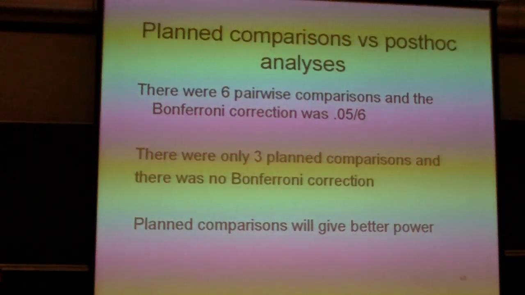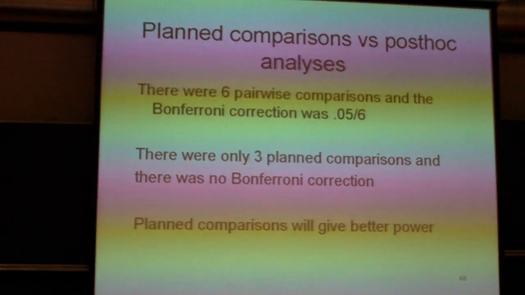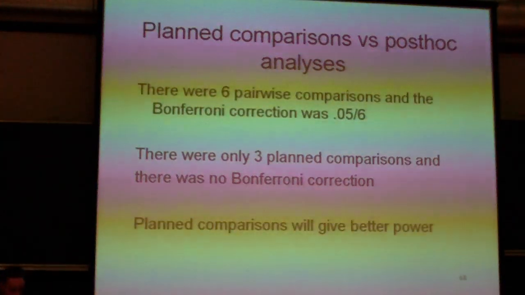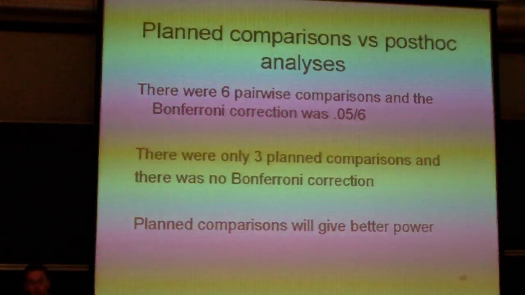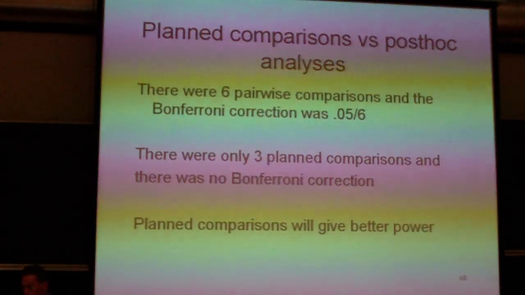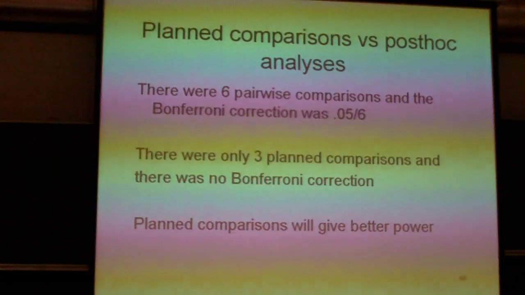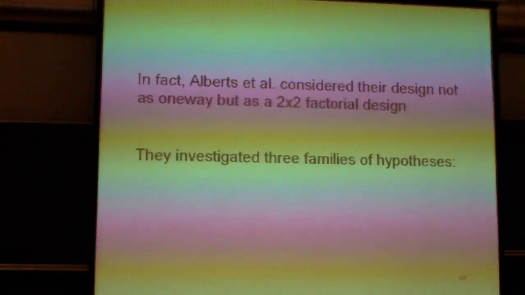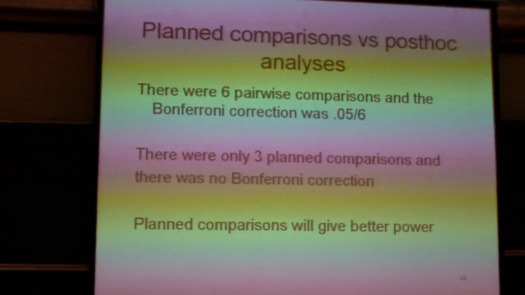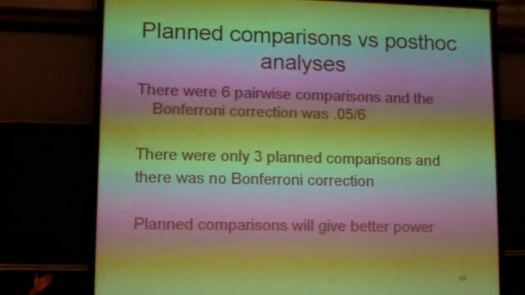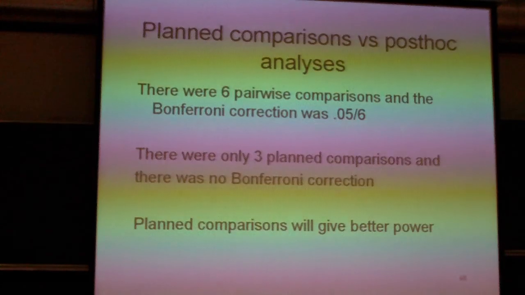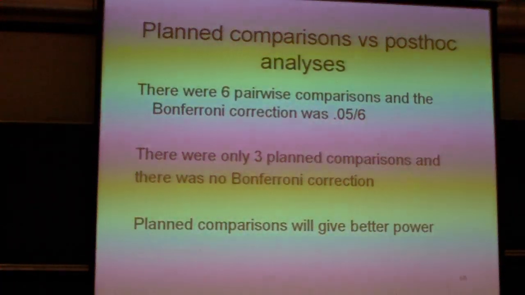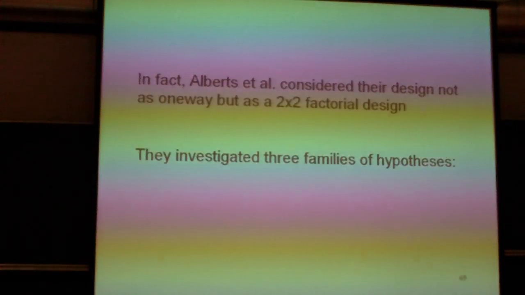So in this particular case, if we do these 3 contrasts, we don't have to do any Bonferroni correction, because the 3 contrasts correspond to 3 different families of hypotheses that we would be interested in. And therefore, planned comparisons or contrast analyses will have better power than simply doing all pairwise comparisons.